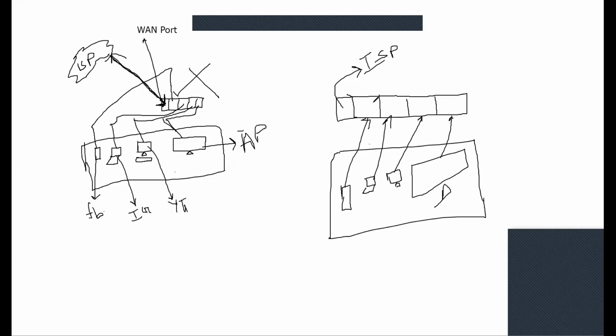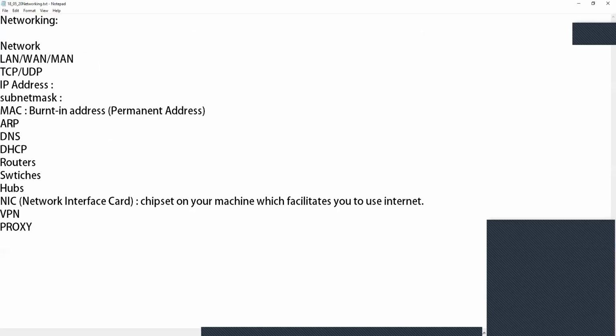How the switch is going to collect all the IP addresses and MAC addresses, we'll be checking out tomorrow. How they are going to collect is the concept of ARP, DNS and DHCP. So what we are going to check out tomorrow is DNS and DHCP.